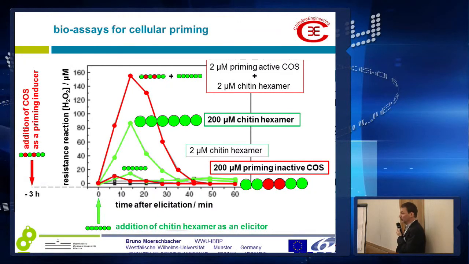This is the first proof that the pattern of acetylation in a chitosan oligomer is responsible for the biological activity. So this, of course, is extremely important, because it means, as a proof of principle, that it's worthwhile to go all this long way to try and produce specific chitosan oligomers with a specific pattern of acetylation, because the pattern does matter. This was only a hypothesis at the beginning of the project, and it's an experimental truth at this time.